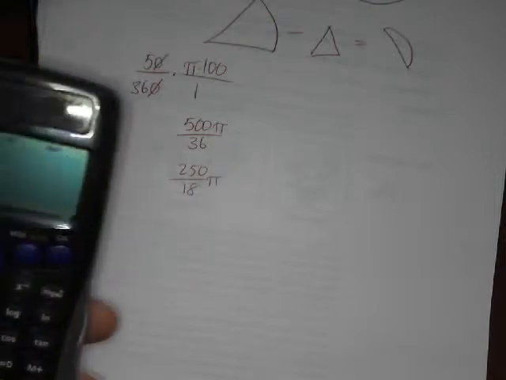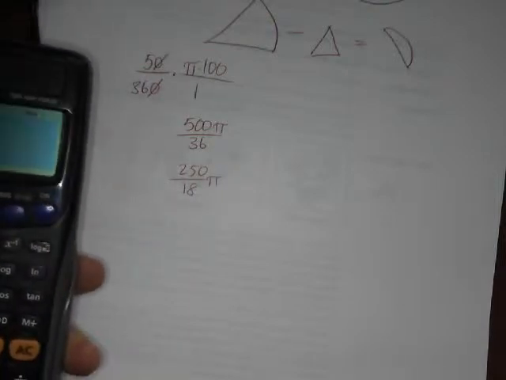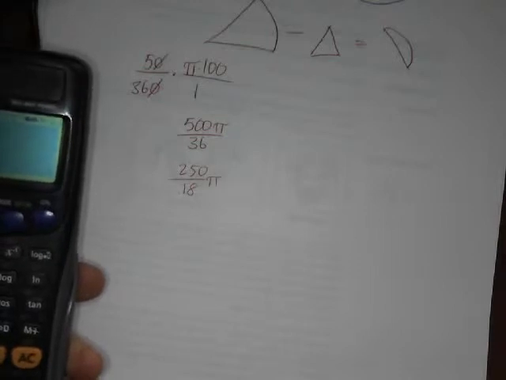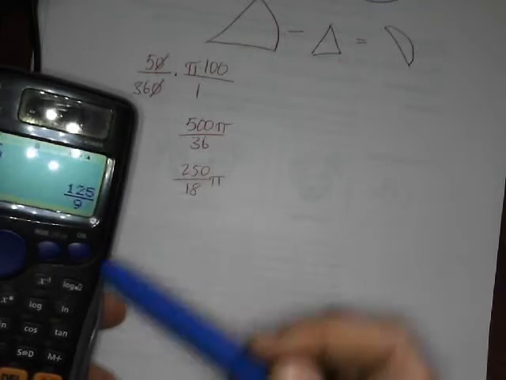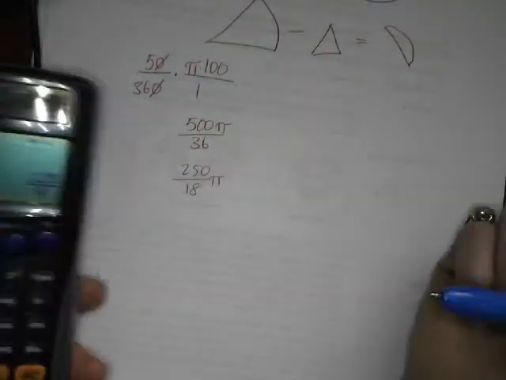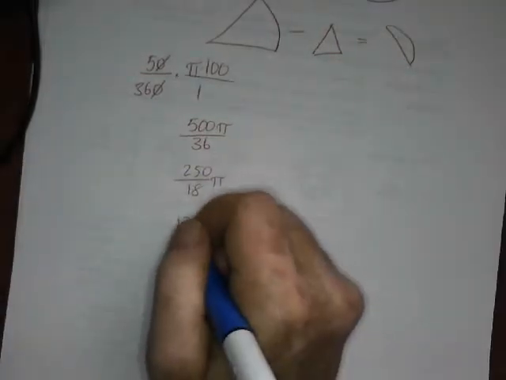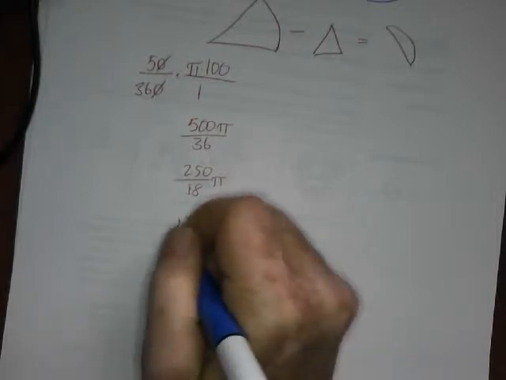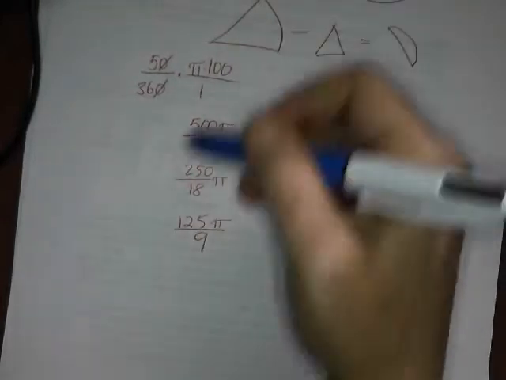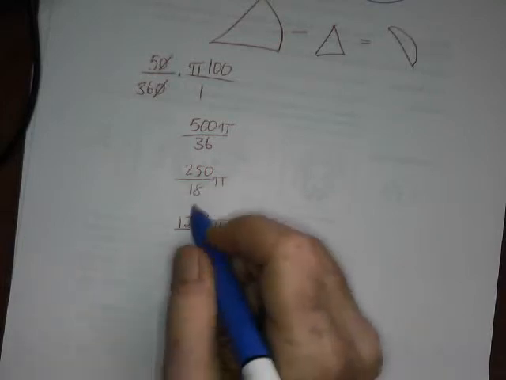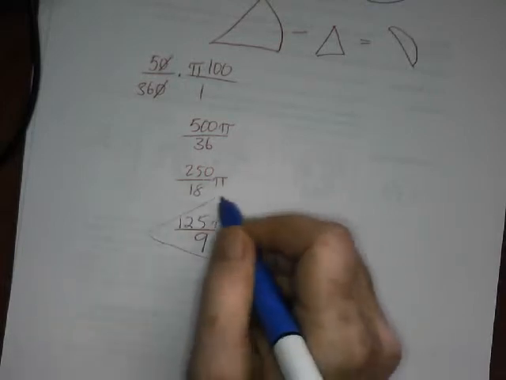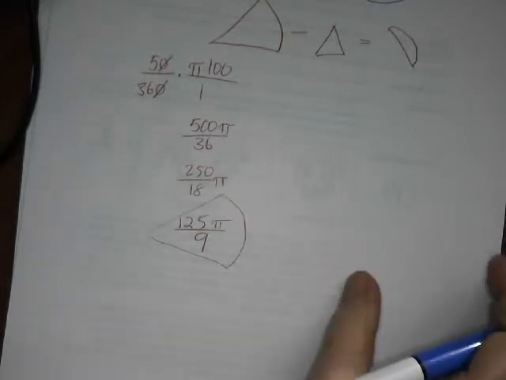I'm going to reduce it on my calculator because I always get myself into trouble. 500 over 36 turns out to be, if I keep reducing it down, 125 over 9. Okay, so I got this all fixed up. So this is actually the area of the sector.